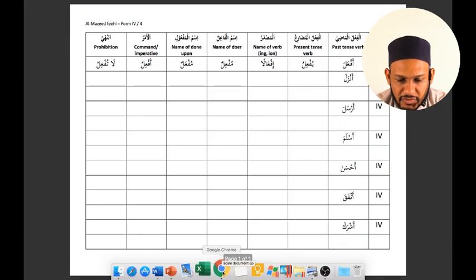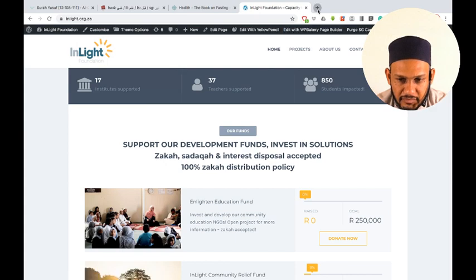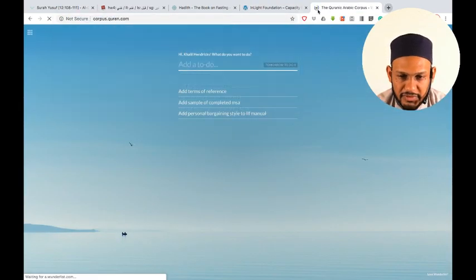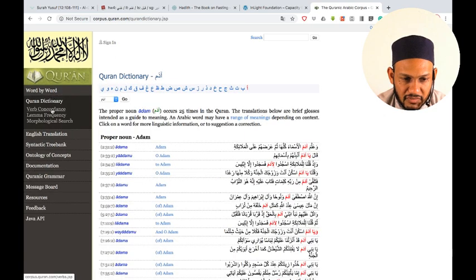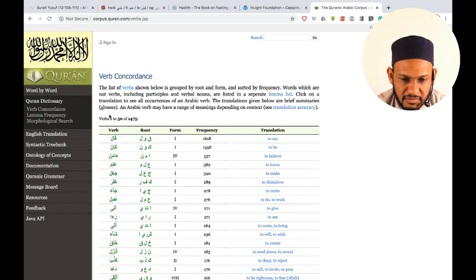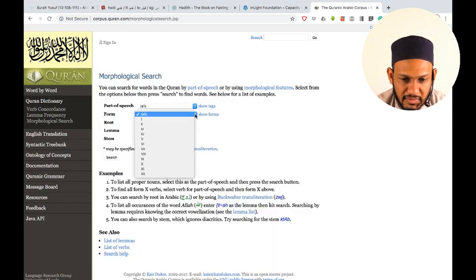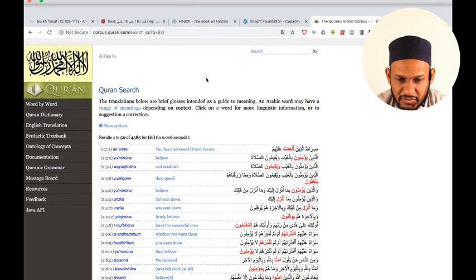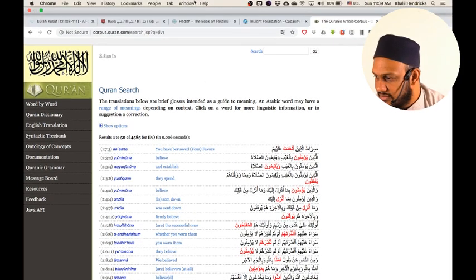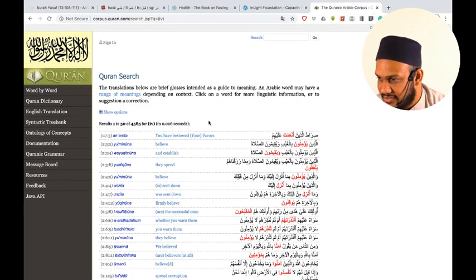If you go to corpus.quran.com, and I go to the Quran dictionary, verb concordance, no, morphological search. I actually want to do this so many times, I never got around to it. What's the time now? We can do it some other time, inshallah.